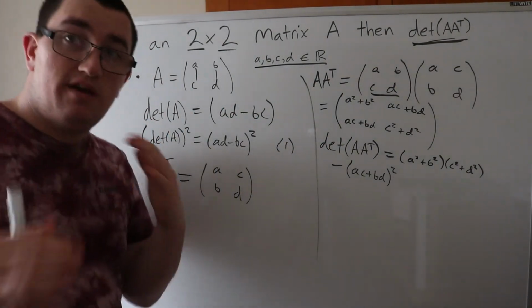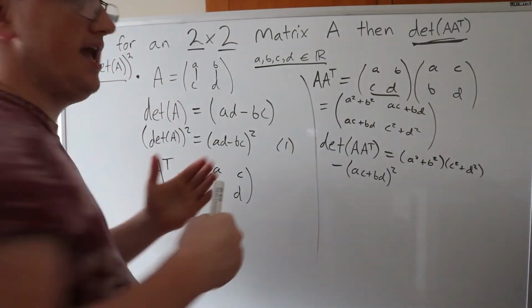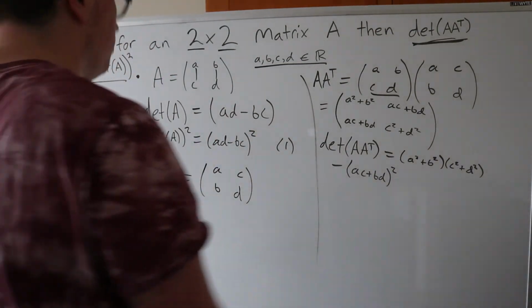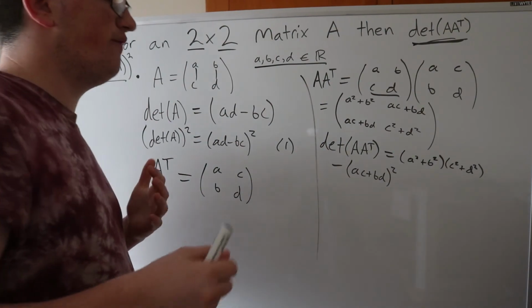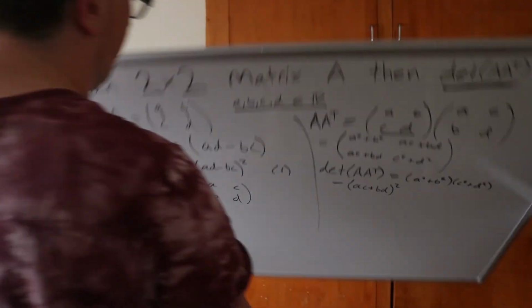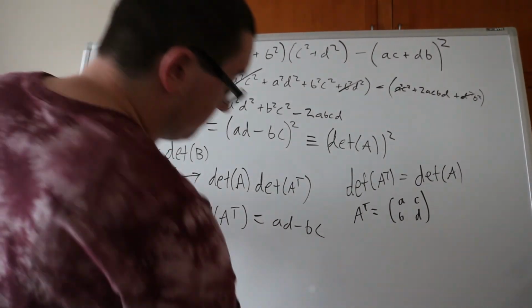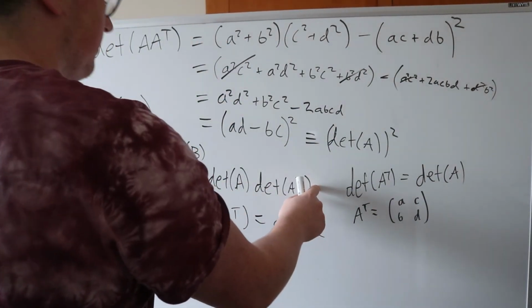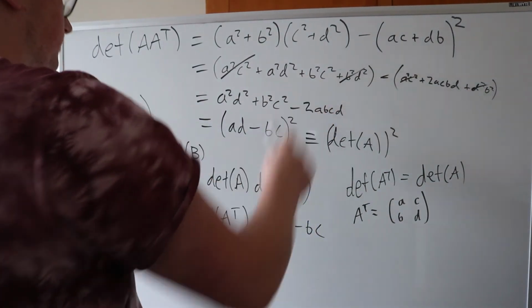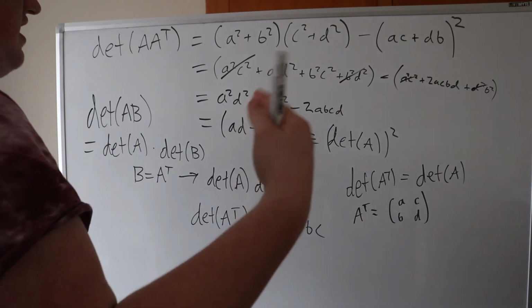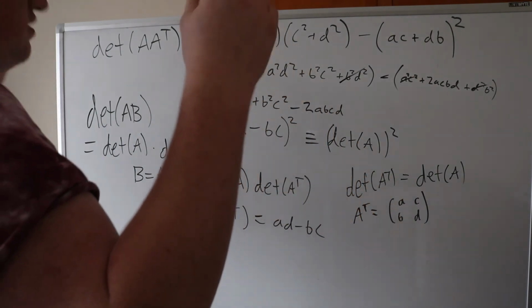And hence, we found that det A is the same as det A transpose in a 2 by 2 matrix. But is this true for an n by n matrix? That's what I want to figure out in the next video. But this is how we found that det A transpose is indeed det A squared.